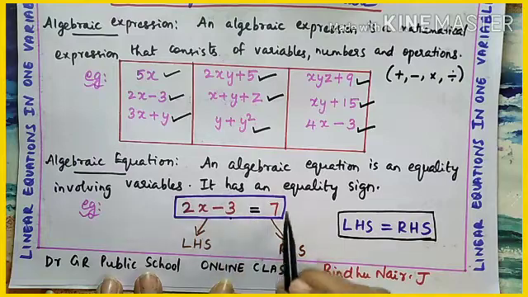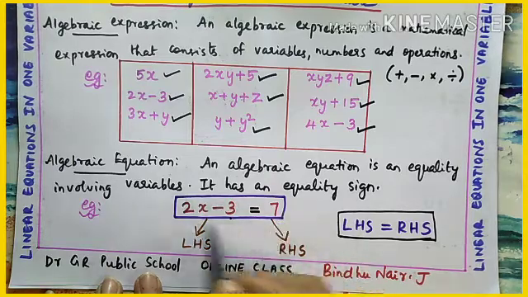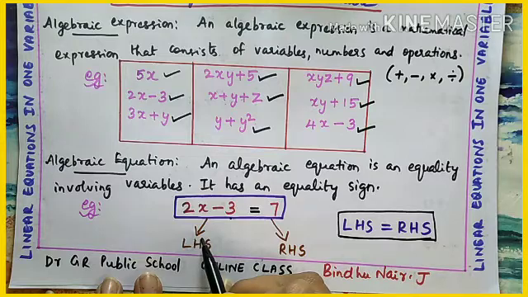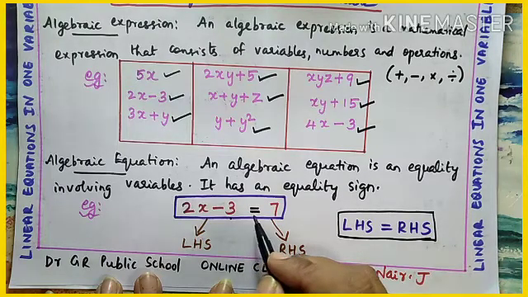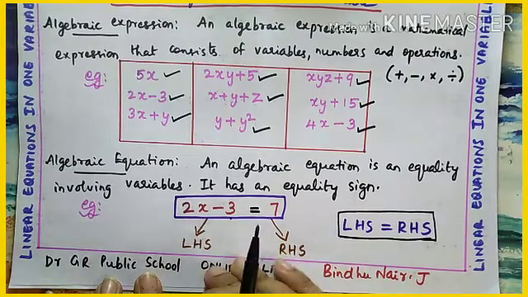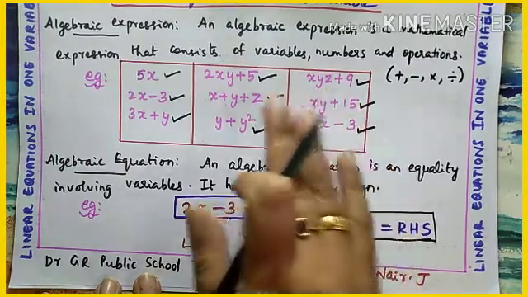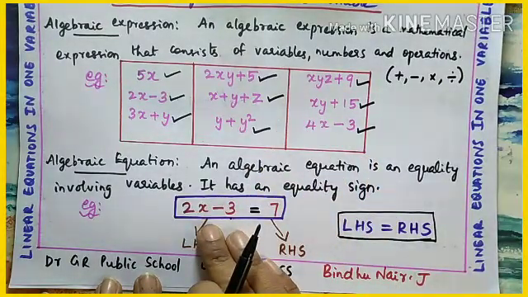So this type of expression equal to something, that is LHS equal to RHS, we call an algebraic equation that involves variables, constants and operations. Okay, but there is an equal to sign. So that is about algebraic expression and algebraic equation. Okay, hope all of you understood this.